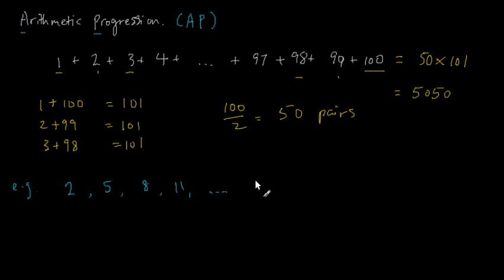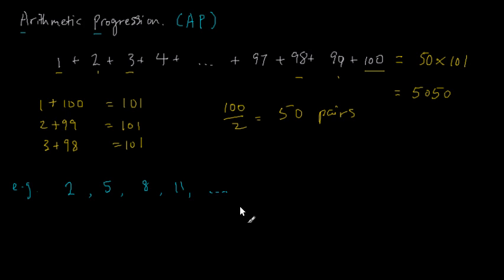So what I'd like to do next is to derive a formula for the sum of an AP, and I would also like to derive a formula for a general term. All right, let's say I want to find, okay, that one is easy. But let's say I want to find the 20th term of this sequence.